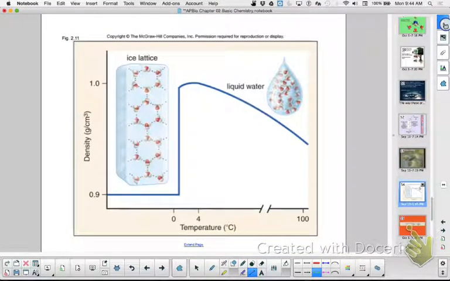And then the last one: when water molecules are in a liquid state, do they have more or less energy than when they're frozen? More. More or less kinetic energy? More. Kinetic energy is energy of motion. So when water molecules form hydrogen bonds, they're not faithful in them.